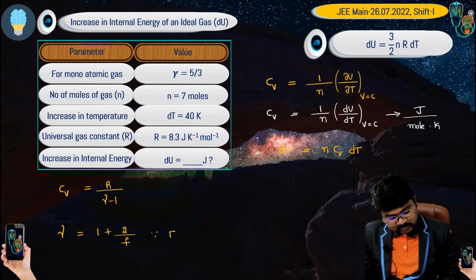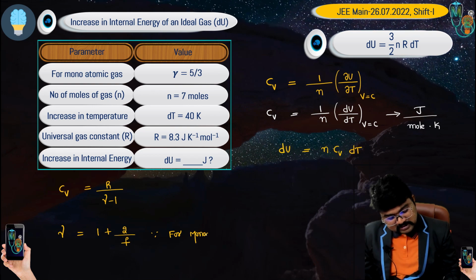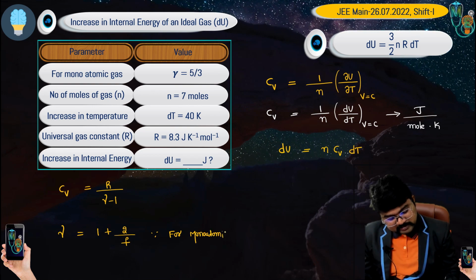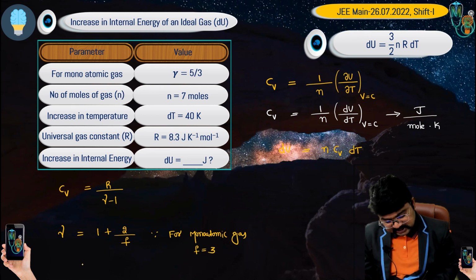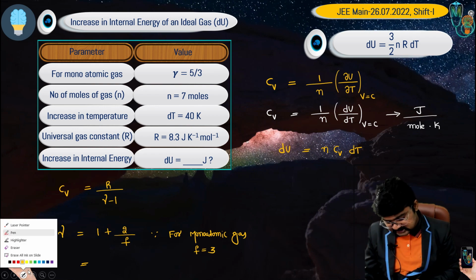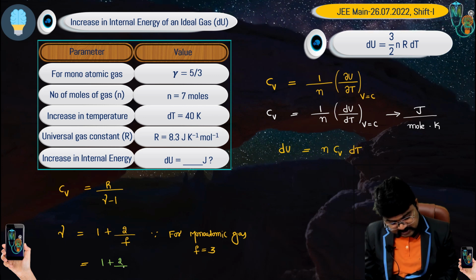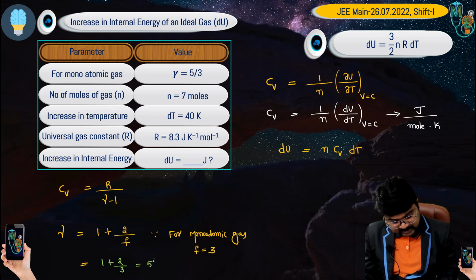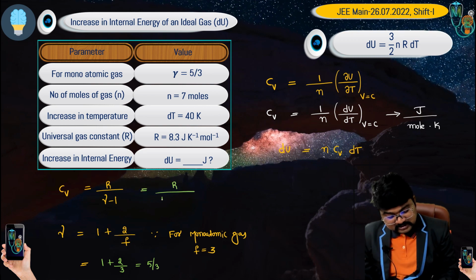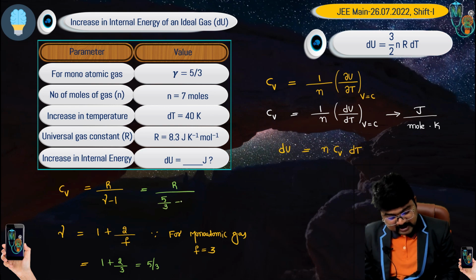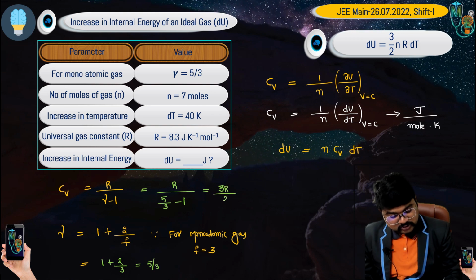For monoatomic gas, f equal to 3. Then you can substitute, 1 plus 2 by 3 is equal to 5 by 3. So this would be R by 5 by 3 minus 1. Here I can say that 3R by 2.